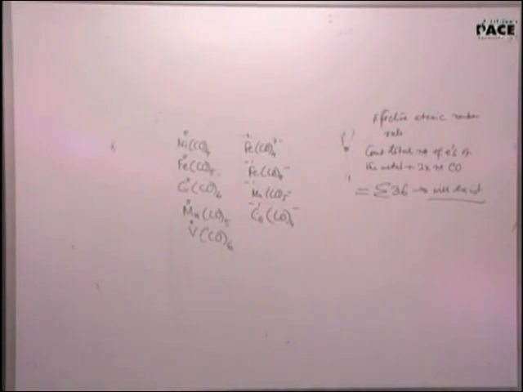If there is a negative charge, you have to add 1 more electron. If there are 2 negative charges, you have to add 2 more electrons.